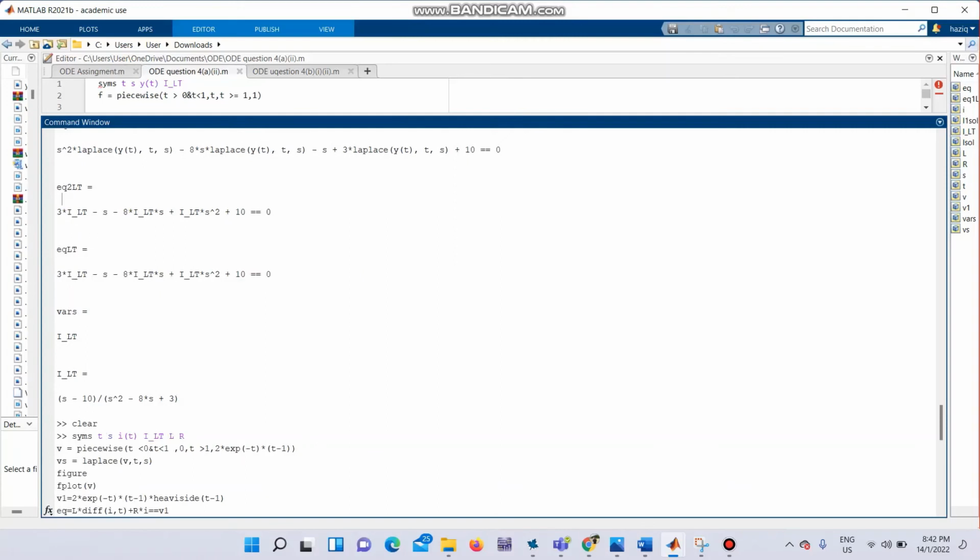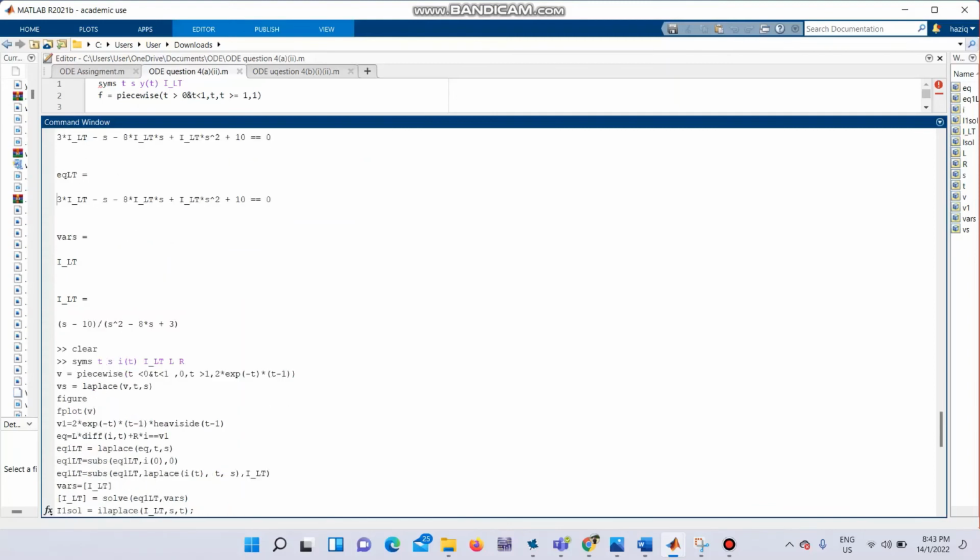And this is the output for equation lt, and this is the output of the vars, which is I equal to lt.